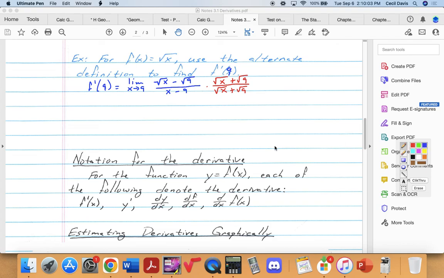When we do that, we'll have the limit as x approaches 9 of the numerator will become x minus 9. The denominator will be x minus 9 multiplied times the square root of x plus the square root of 9.